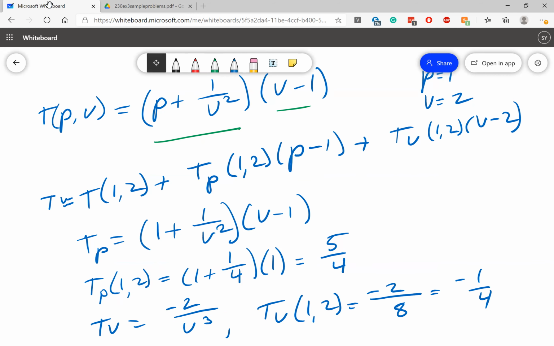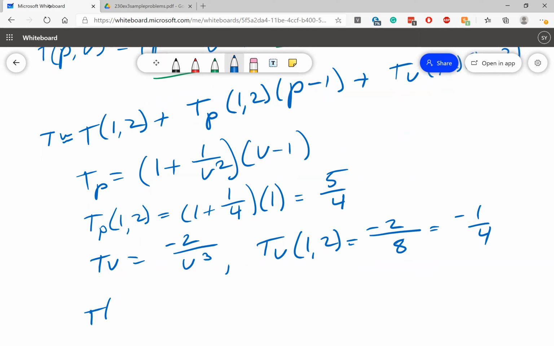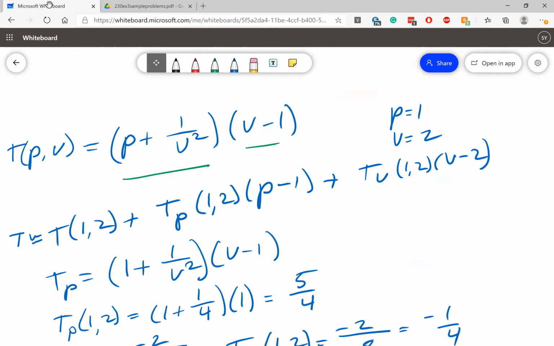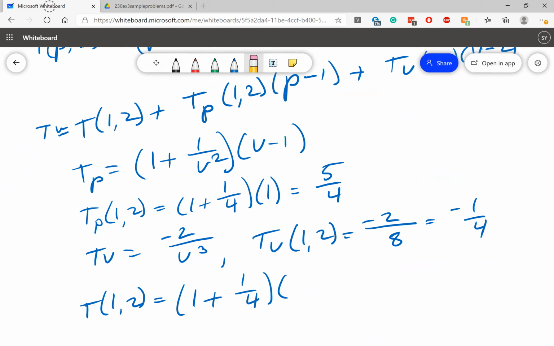Okay. Finally, T at the point (1, 2) is going to be equal to 1 plus 1 over 4 times 1. So it's 1 plus 1 over 4, which is going to be 5 over 4. Okay.